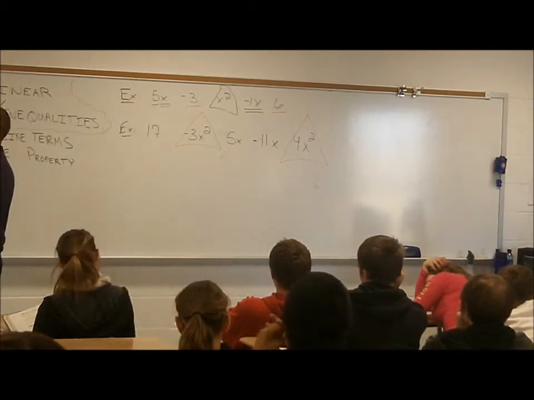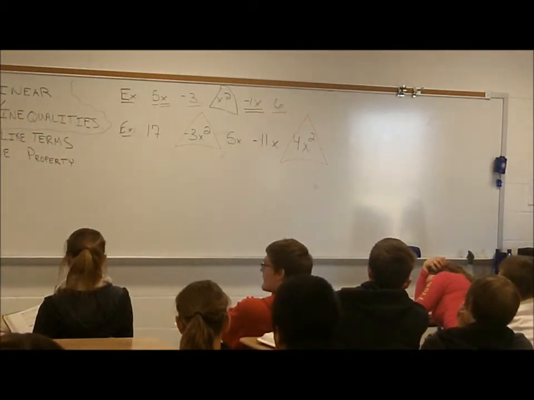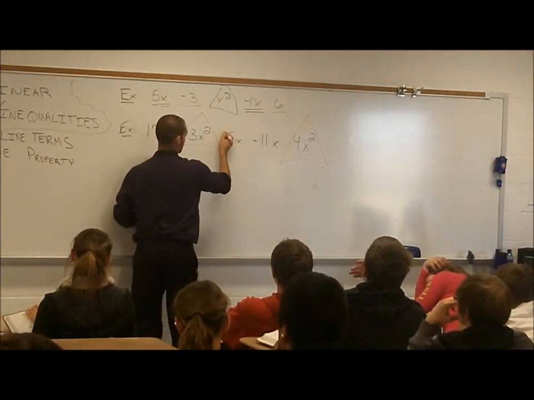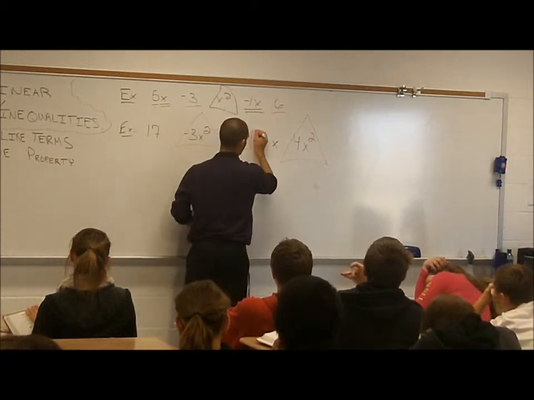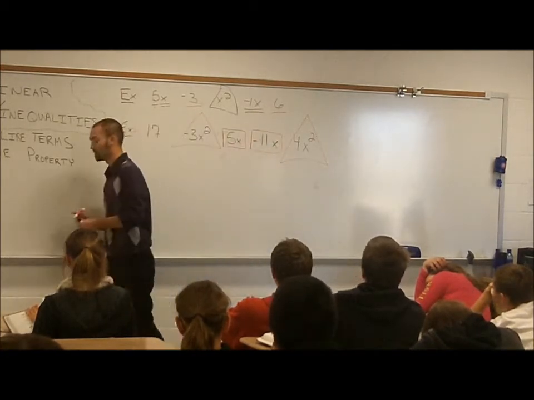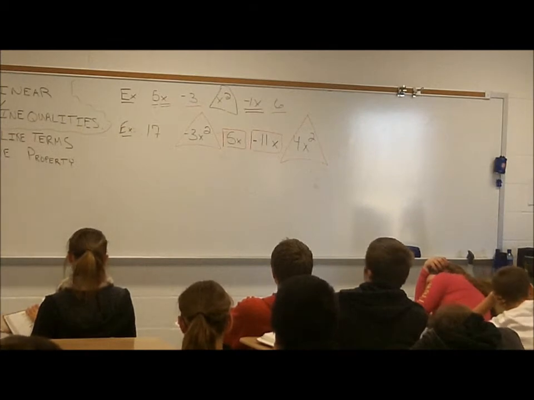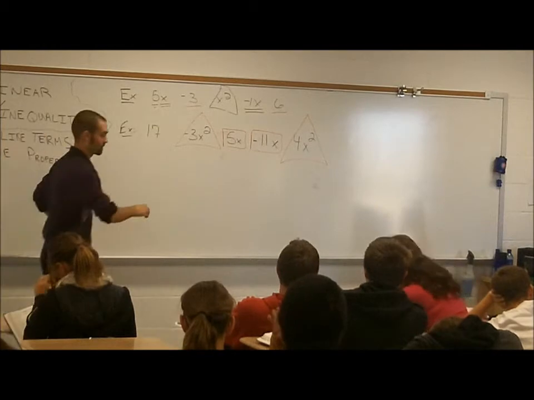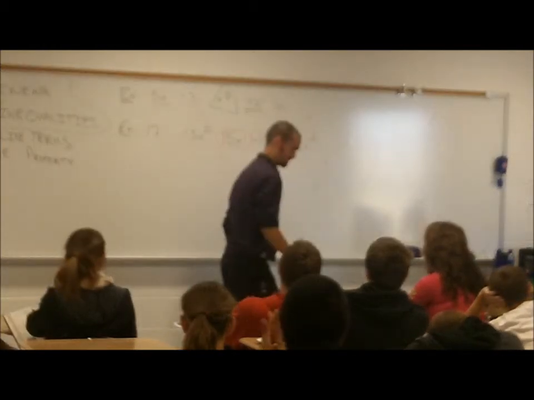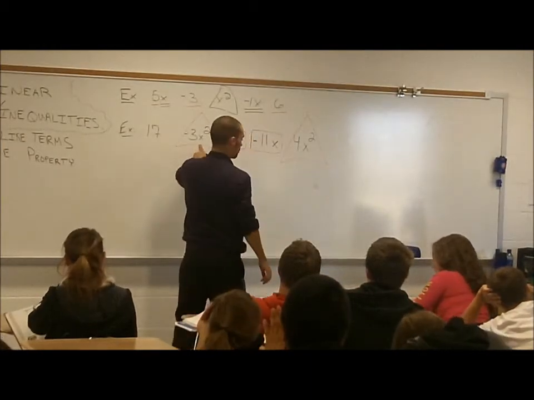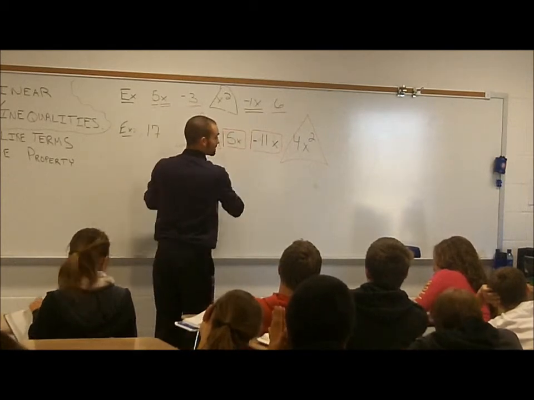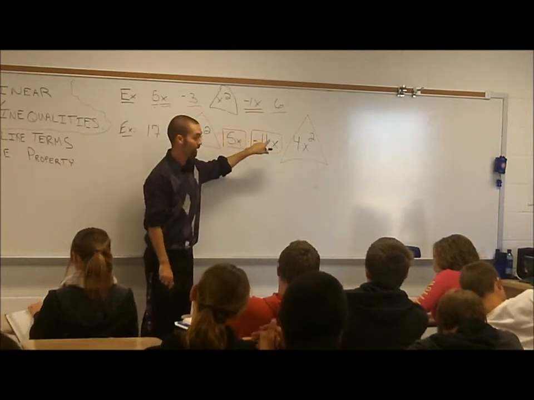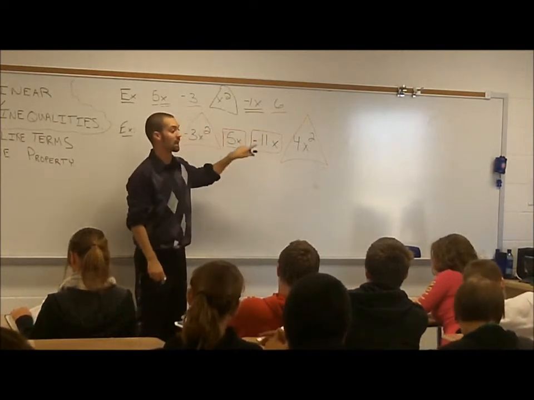Price, give me some other like terms. 5x and negative 11x. Good. Why are those like terms? Because they both have a variable with the same exponent, same power.